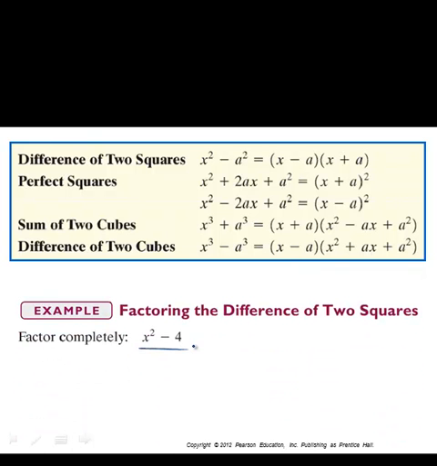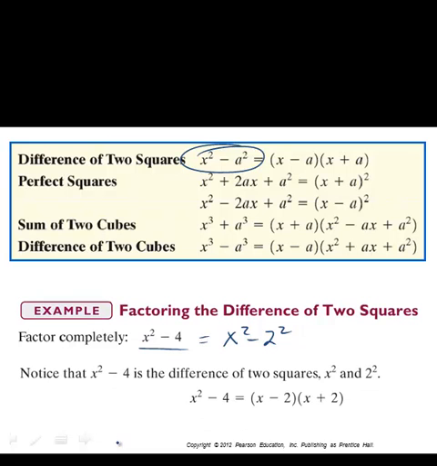So, for example, we have x squared minus 4. Recognize the 4 as 2 squared, and then you can use this difference of 2 squares sort of factorization to write this as x minus 2 times x plus 2. Okay?